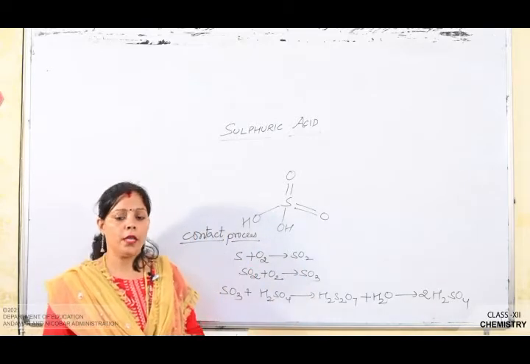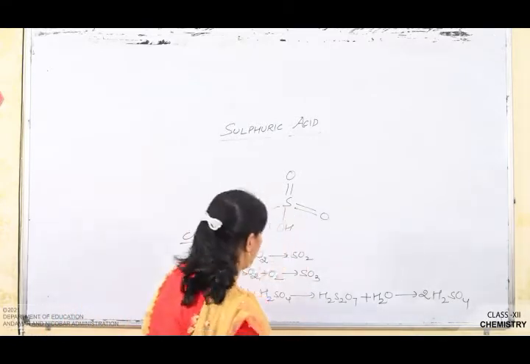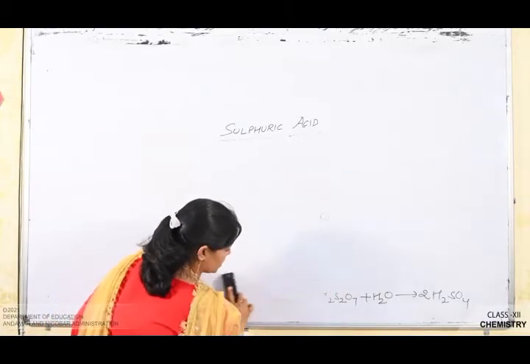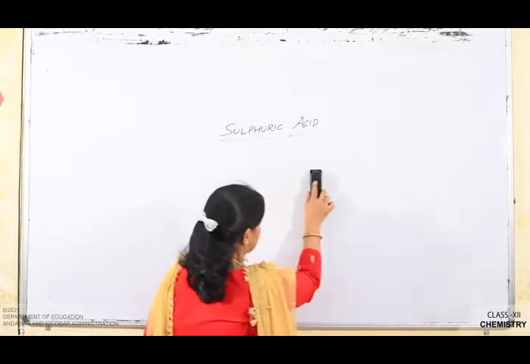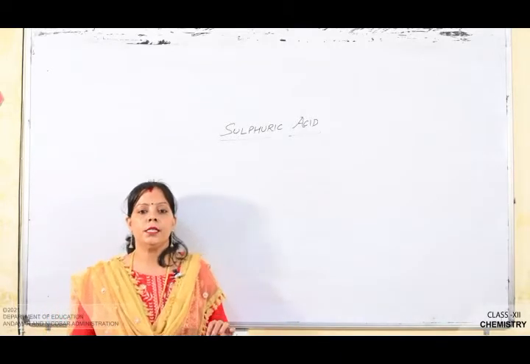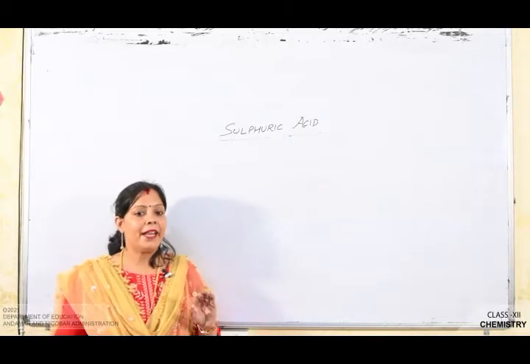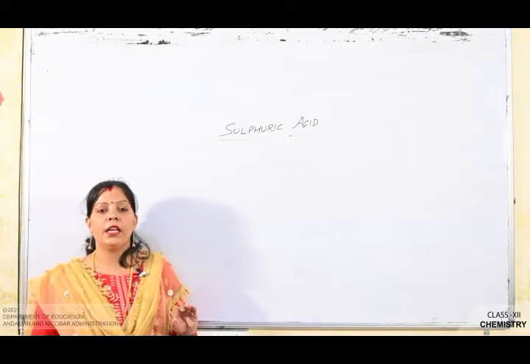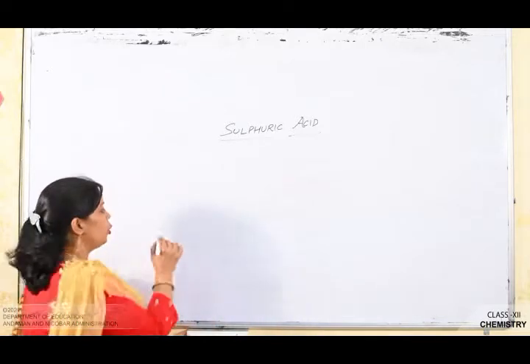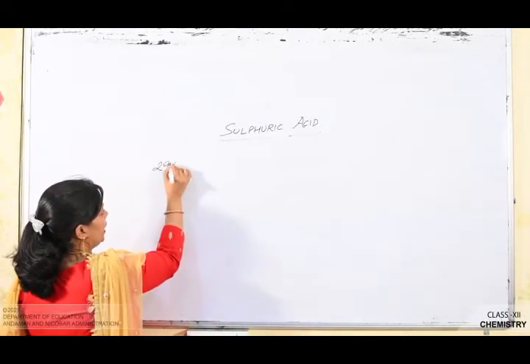So children, what are the important properties of sulfuric acid? First we discuss the important physical properties. Sulfuric acid is a colorless, oily and dense liquid with a specific gravity of 1.84, having the melting point 298 Kelvin.